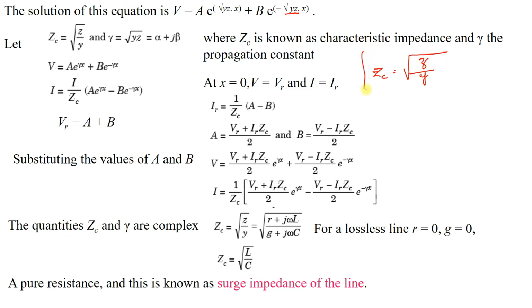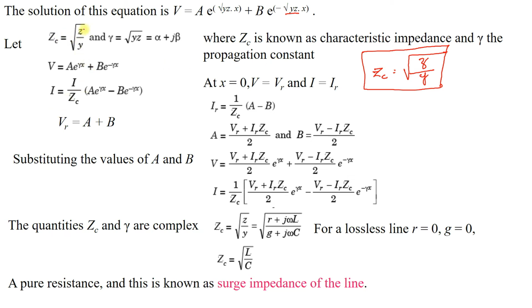So this variable Zc is known as the characteristic impedance, which has the unit of ohms. And gamma is defined as root of YZ. It is a complex quantity which has a real and imaginary part, and gamma is known as the propagation constant.